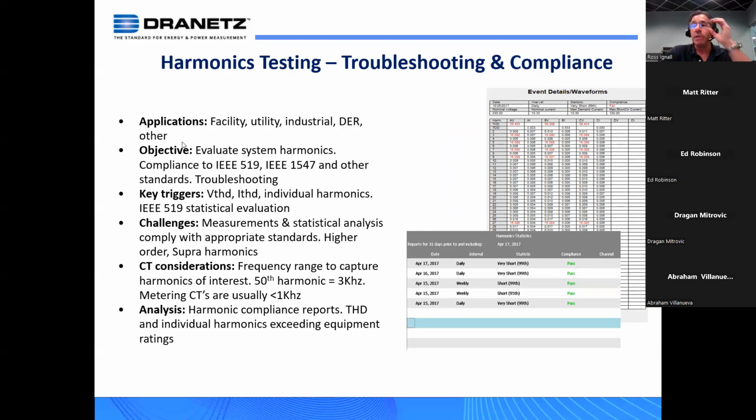The objective is evaluating the system harmonics. In the United States, that's for compliance with IEEE 519, usually version 2014 or higher, and also maybe IEEE 1547, which is a standard looking at the interconnect of DER systems, solar farms, wind farms, et cetera, to the grid. This 1547 standard calls out other things.